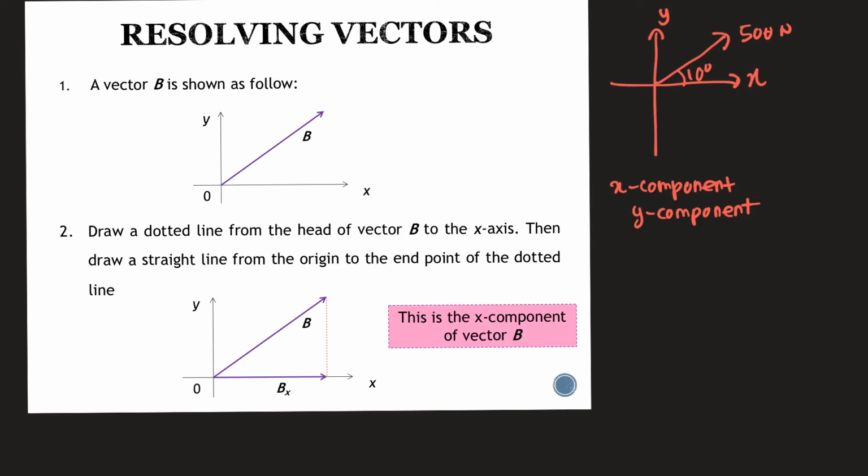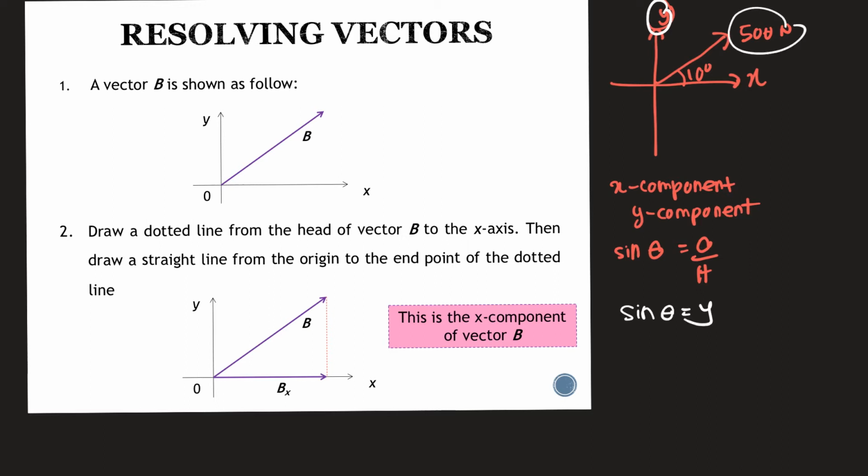Before this you already learned that sine theta is opposite over hypotenuse. Here your opposite is going to be your y component. So sine theta is y over the hypotenuse.